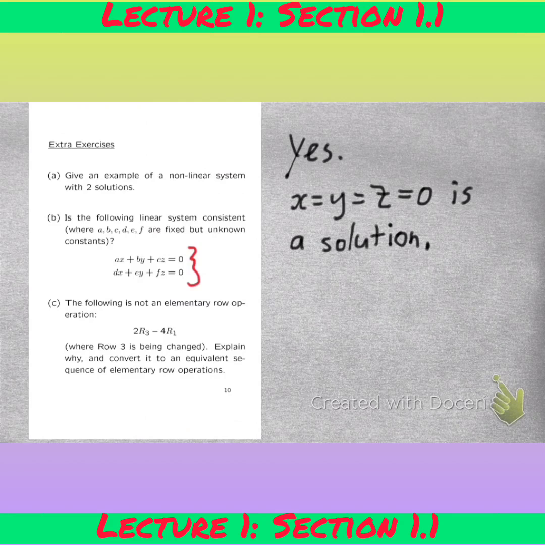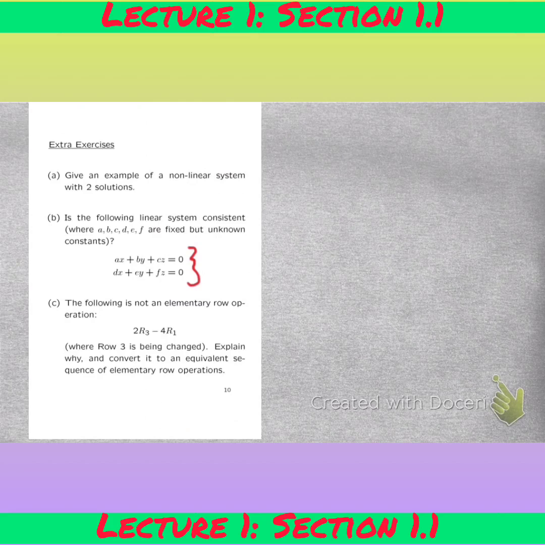So we can convert that into a sequence of elementary row operations. The sequence in this case will be: we take this matrix and change the third row first, by performing this operation on the third row of the matrix.